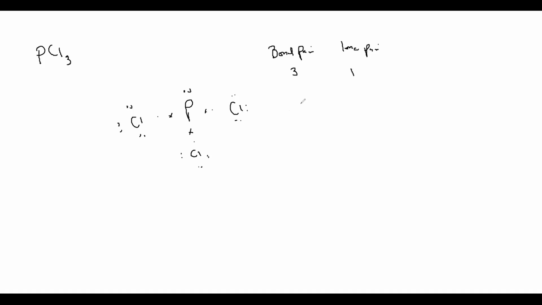So what will the geometry be? We can say it is trigonal pyramidal with a bond angle of 107. And how do we show this? One bond is in the same plane, one is into the plane, another one is out. Is the structure of PCl3 and predicting the geometry clear?